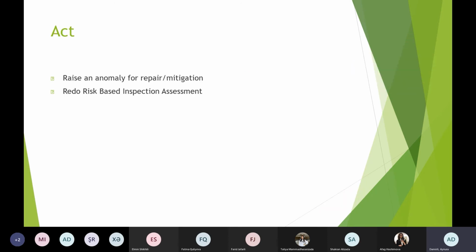What does it mean by act? The process is raising an anomaly. We have an anomaly system. If anything goes wrong on site, material degraded or corroded, or insulation breakdown happens, we raise an anomaly in the system. An anomaly means that something has happened not properly on site.